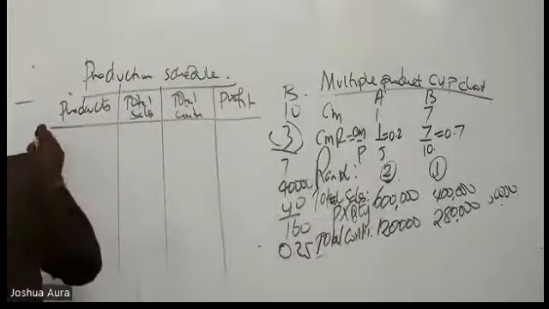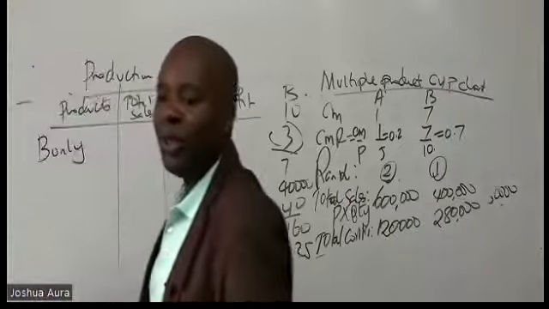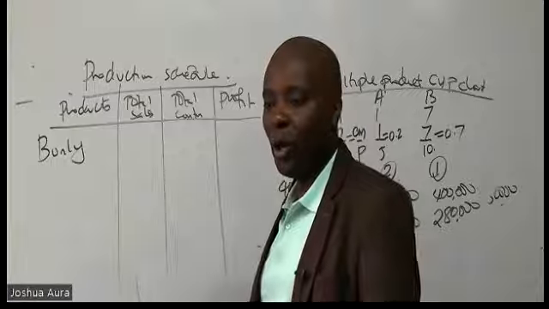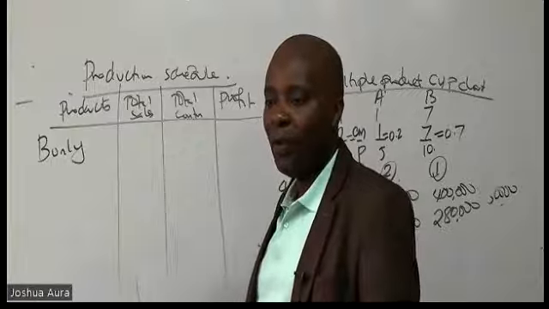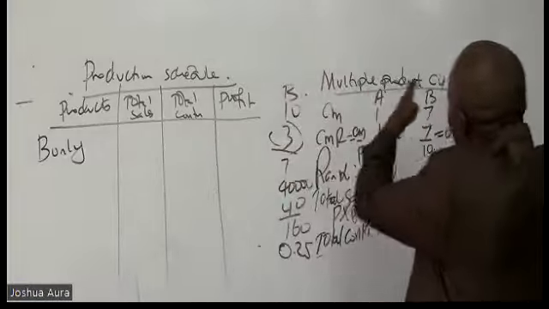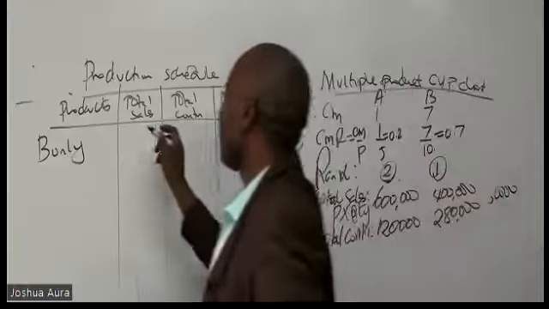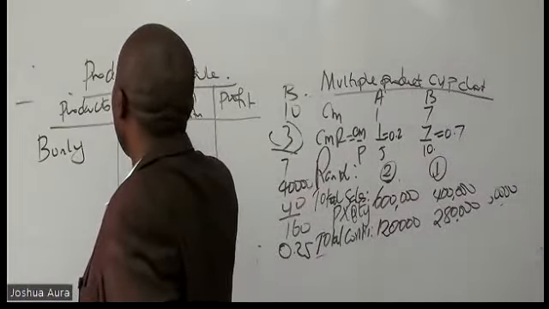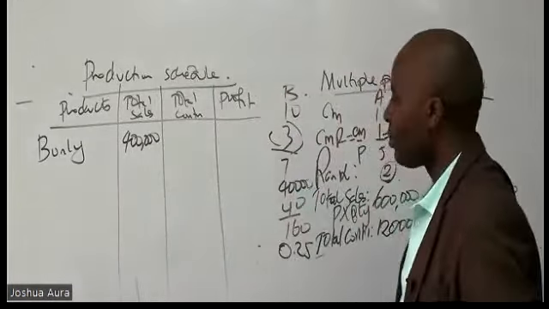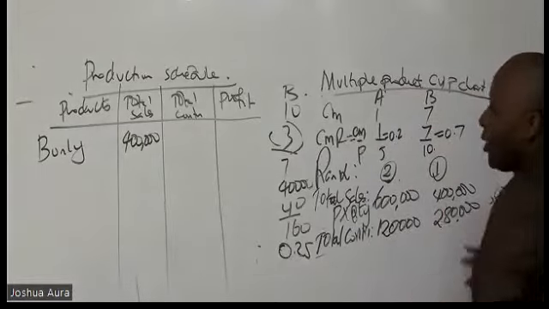If you're producing B only, what will be the total sales? The total sales is given here, 400,000. If I'm producing B only, the total contribution will be given by this, 280,000.